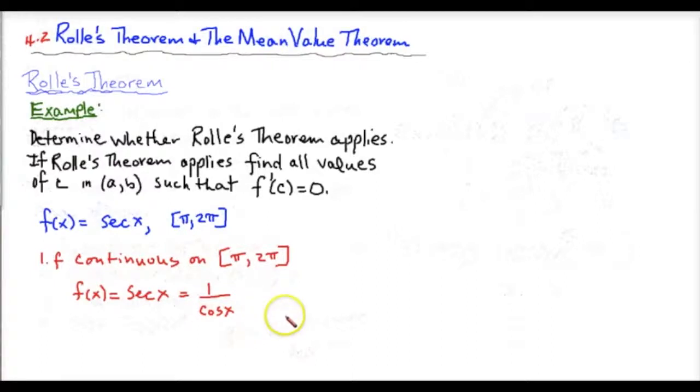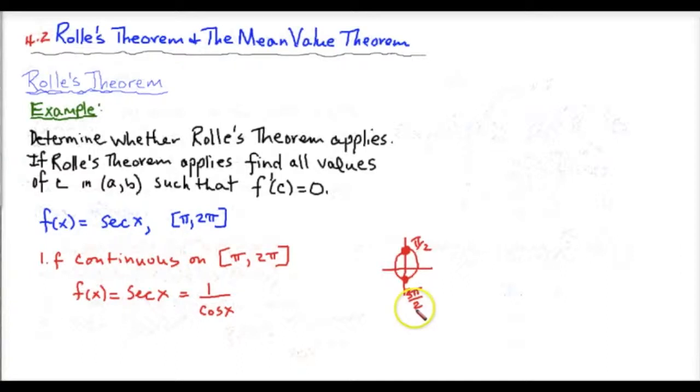And if you recall from your trigonometry, cosine is equal to 0 wherever, if you look at the unit circle, your graph hits the y-axis on the unit circle, that's going to be pi over 2 and 3 pi over 2.